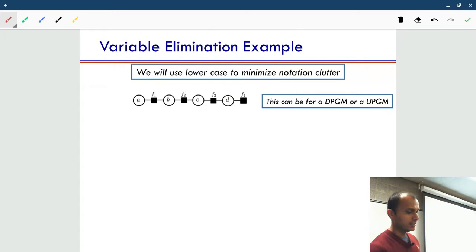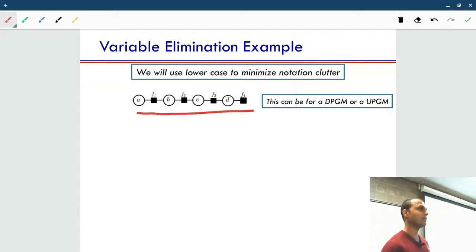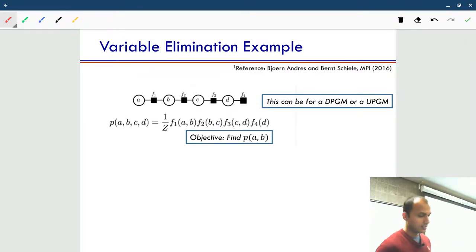Let's say this is the example factor graph representation of our 4 random variables, A, B, C, and D. D is the one that has an f of D, and everything else has a pair relationship, a pair factor, which is this.